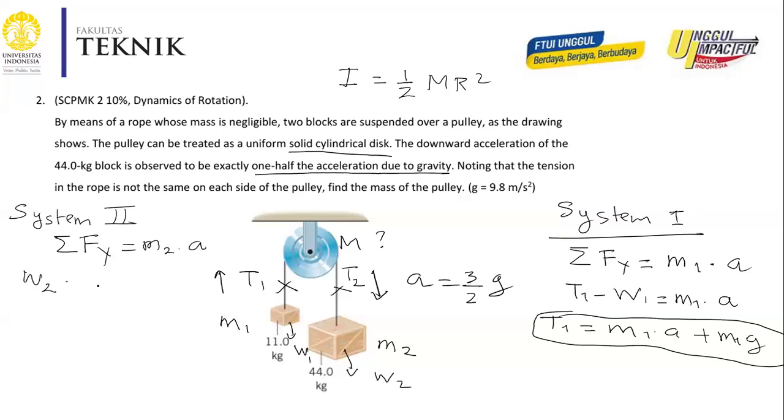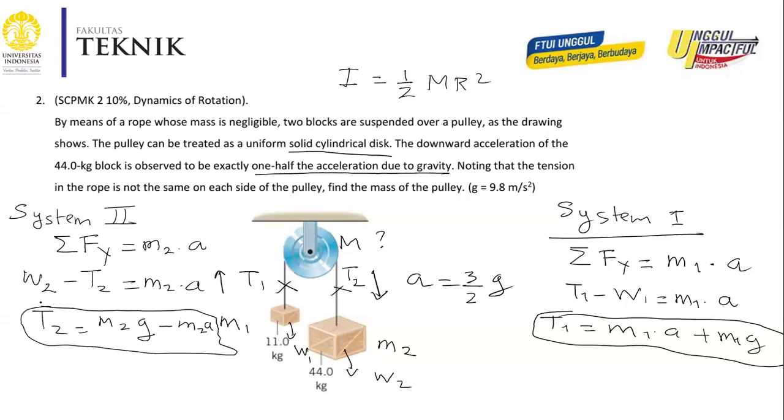W2 minus tension 2 is equal to mass 2 times A. So we get that T2 is equal to mass 2 times G minus mass 2 times A. This is the second tension. So we have two equations. Equation 1 is mass 1 times A plus mass 1 G, and the second equation is mass 2 G minus mass 2 A.